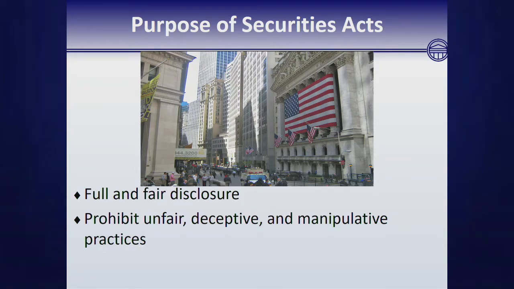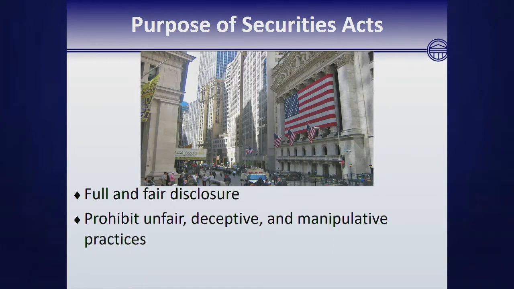So when a security is initially issued, that is the primary securities market. The '34 Act regulates the sale of securities in the secondary market. According to the 1933 Act, securities may not be sold to the public until there has been a registration with the Securities Exchange Commission, unless an exemption applies.